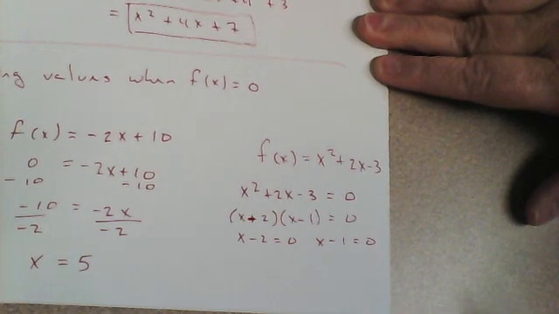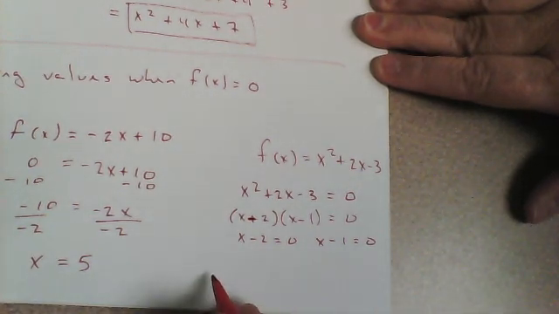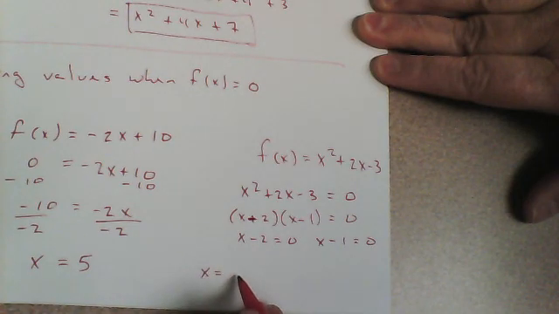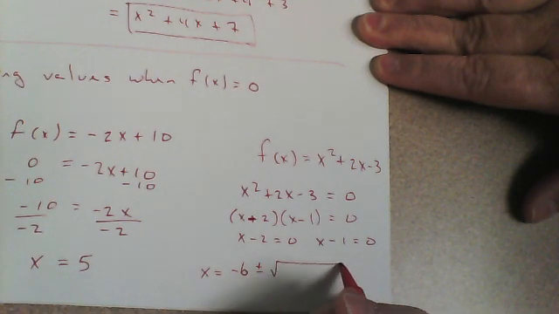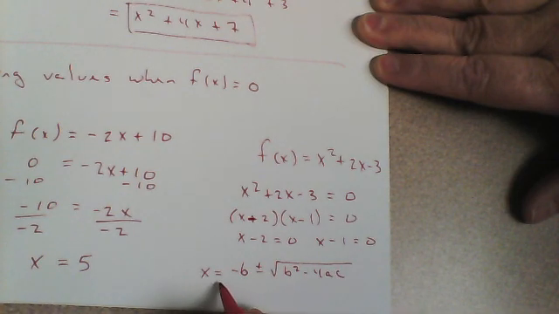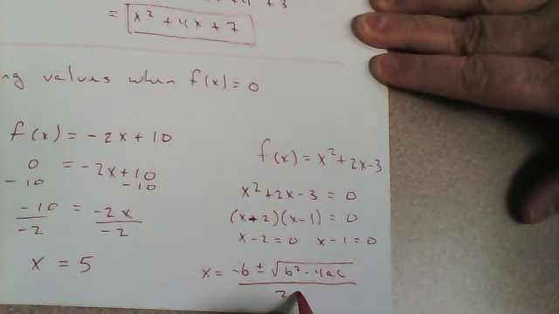But if you can't remember how to factor, it is okay, because we have the magic formula, which is x equals minus b plus or minus the square root of b squared minus 4ac over 2a.